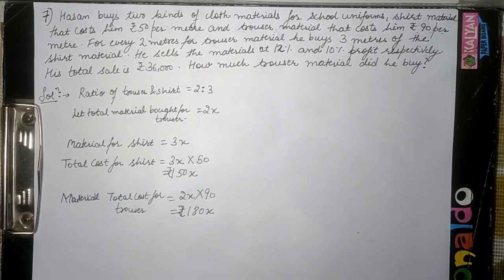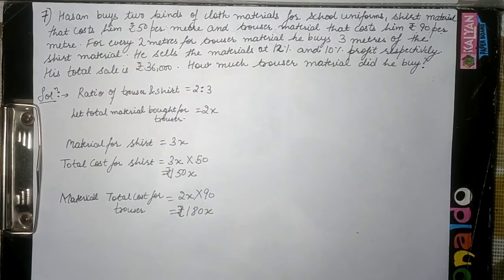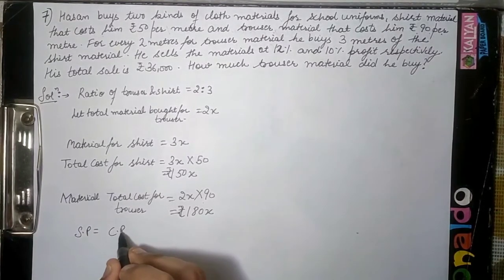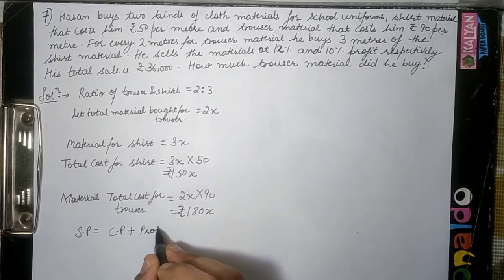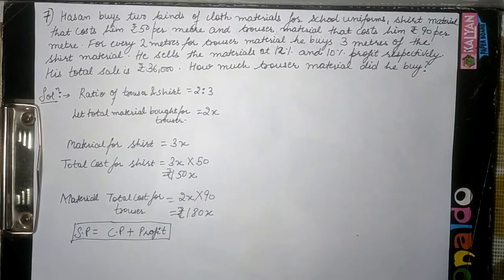He gets 12% profit on the shirt and 10% profit on the trouser. So how do we find the selling price if the profit is given? Selling price is cost price plus profit. So this is the way to find the selling price, which is equal to cost price plus profit.